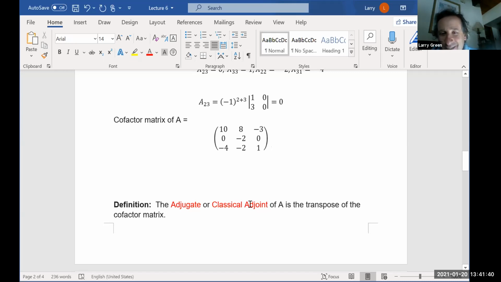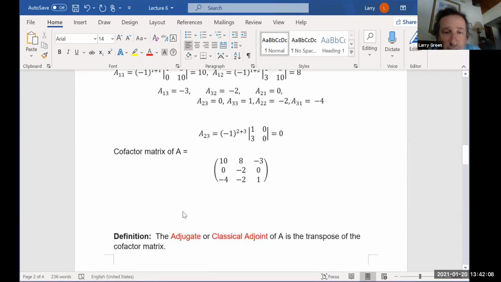So when I learned it, I learned it as the adjoint matrix of A. And the adjoint matrix of A is just the transpose of the cofactor matrix. Any questions on this definition? So transposes are pretty easy.